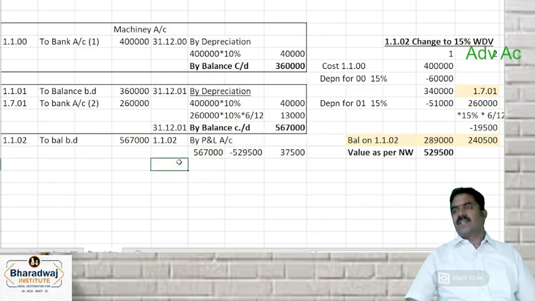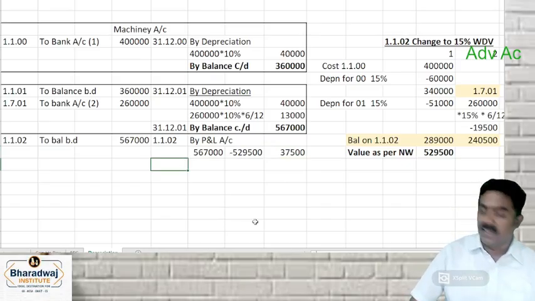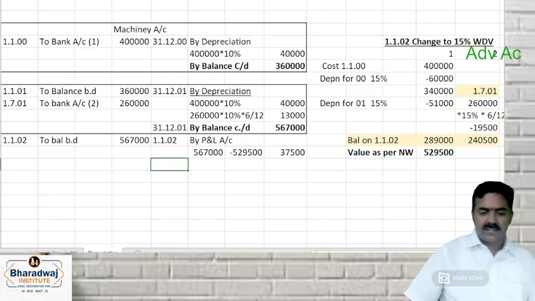After this only we are selling the asset. When are we selling the asset? On 1/7.